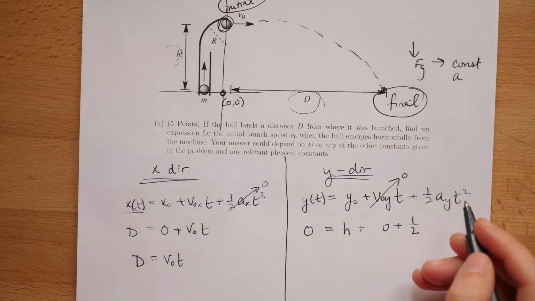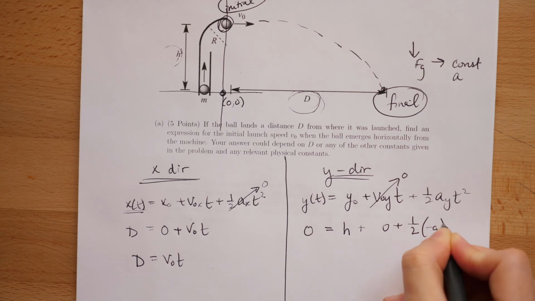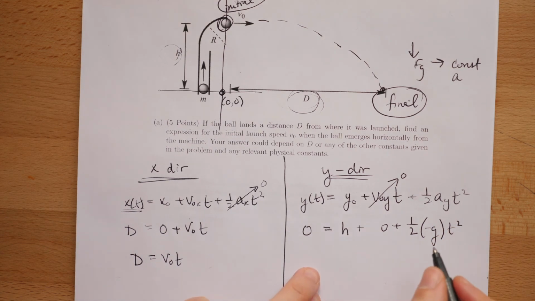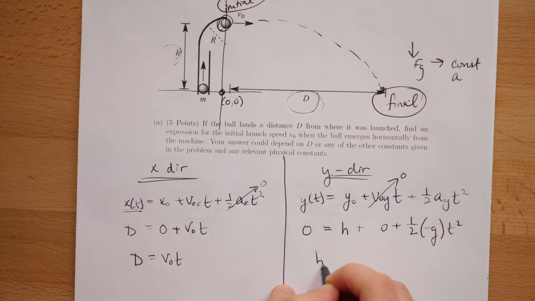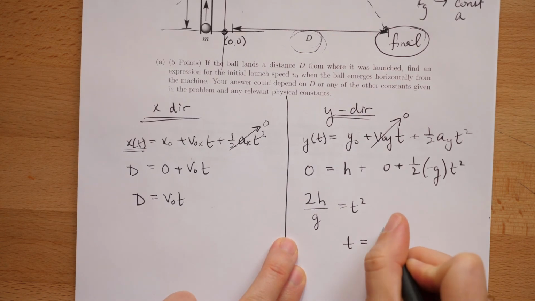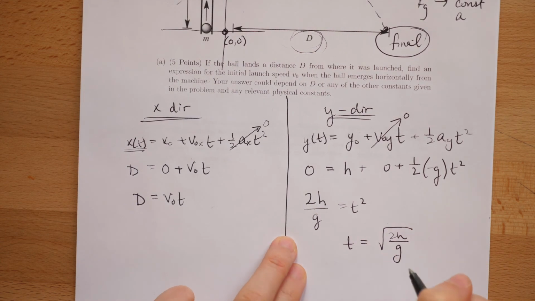Our acceleration in the y direction is negative g, times t squared. So this gives us 2h over g equals t squared, which means that t is the square root of 2h over g.